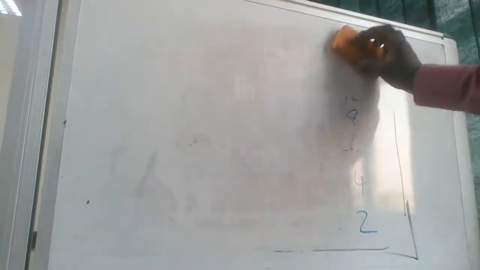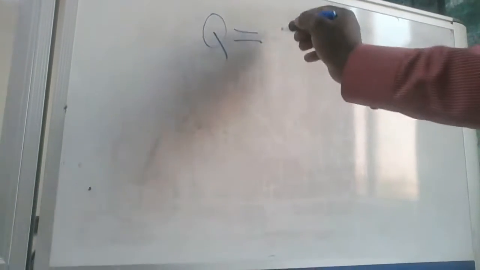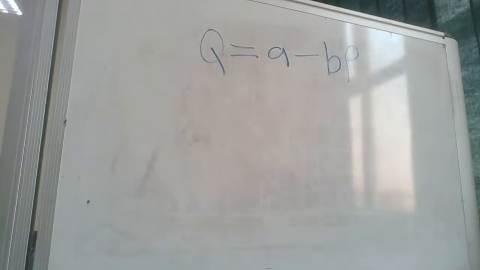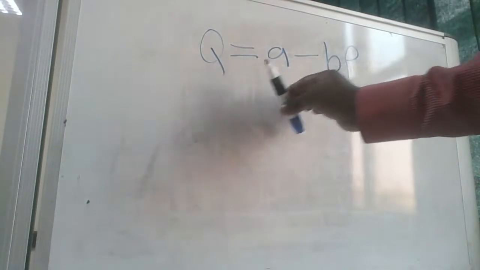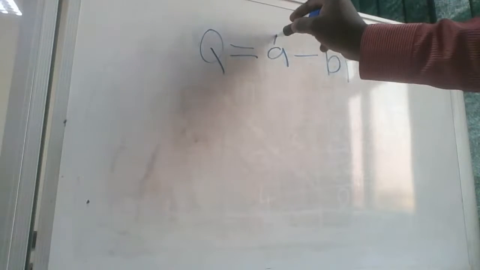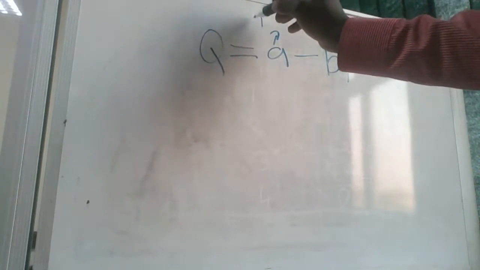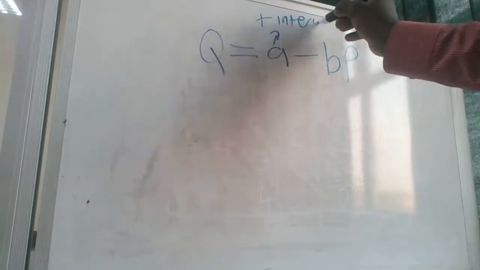The other way that we'll use to show the relationship between price and quantity demanded is using a demand function. Now, I'll first show a general demand function, which will be presented by Q equal to A minus BP. So from here, clearly you see that A is a constant, or let's say it's a positive integer.